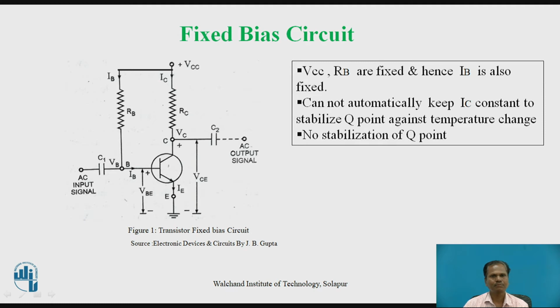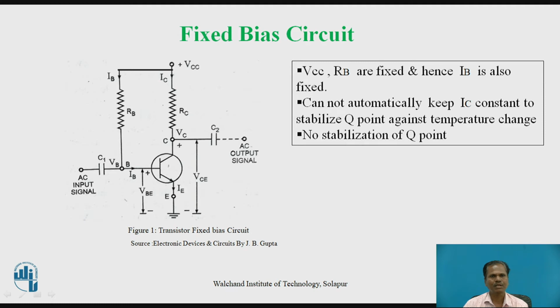So, this fixed biasing circuit cannot automatically keep the IC constant to stabilize the Q point against a temperature change. Whenever there is any change in the collector current, that is due to change in reverse saturation current, which depends upon temperature, there is no change in base current IB, IB remains fixed.